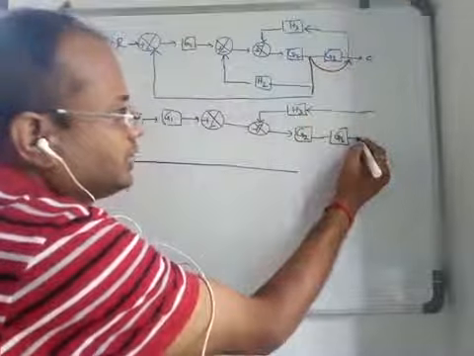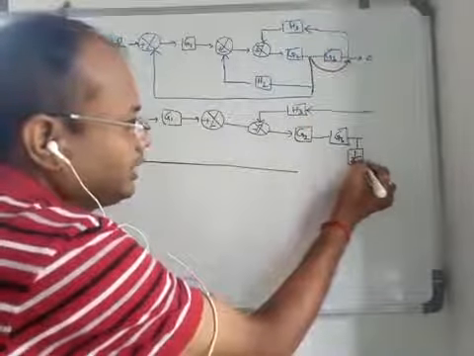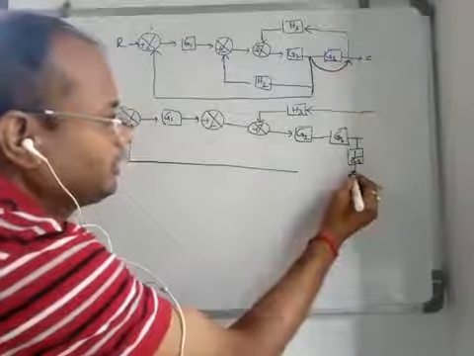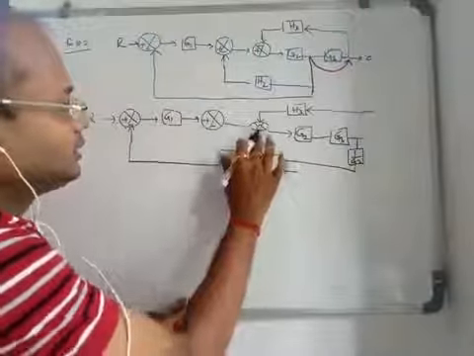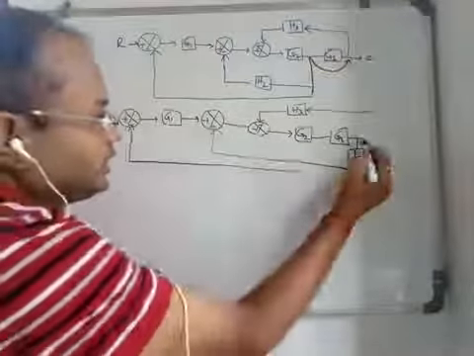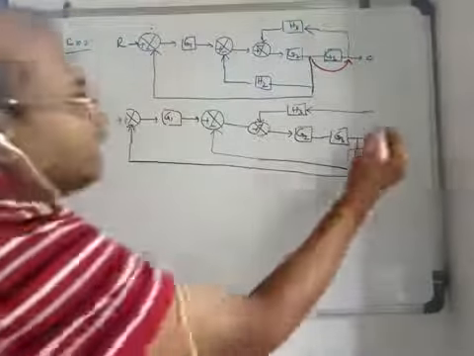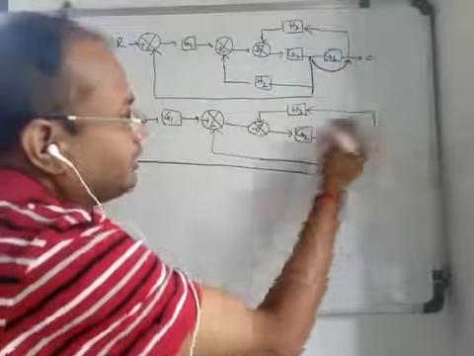So here after this block you will get again 1 by G3, and the remaining part will remain the same. Sorry, so this will be here, and this goes there, right? And after G3 you will have H3.